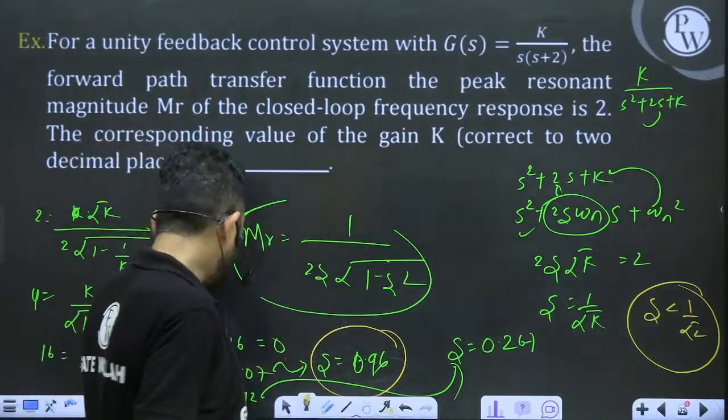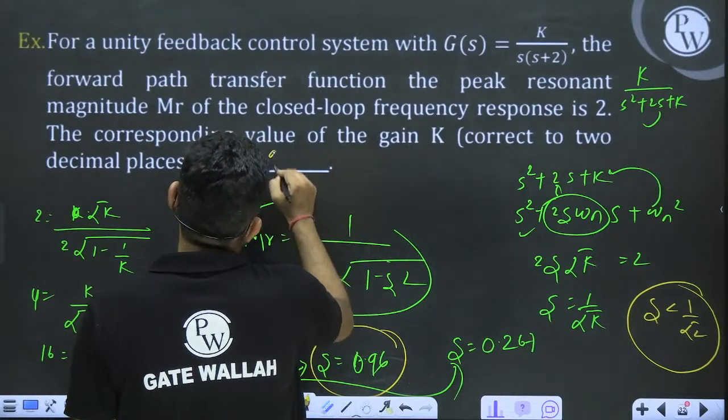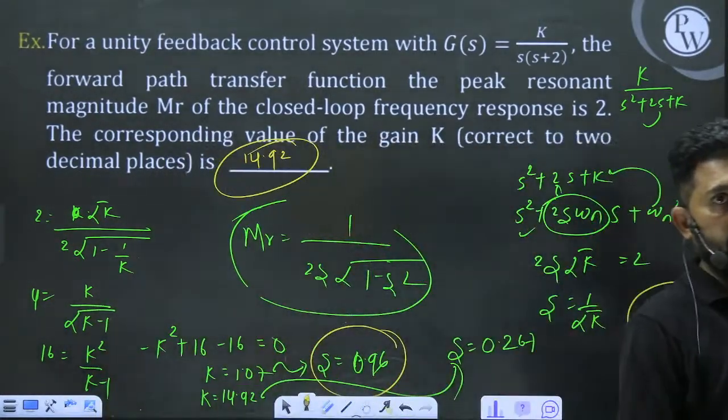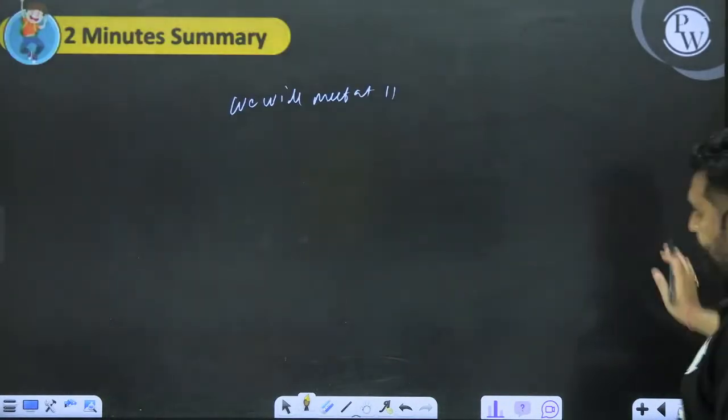14.92 is the valid k. So the k value is 14.92. Okay, fine.